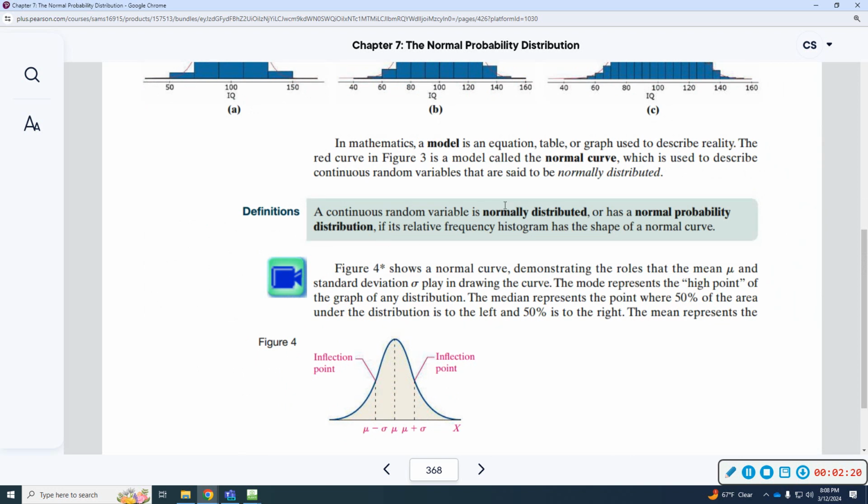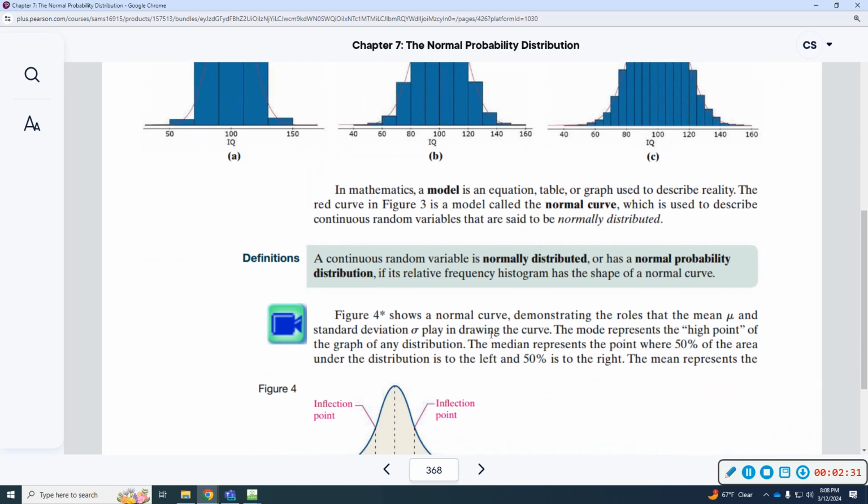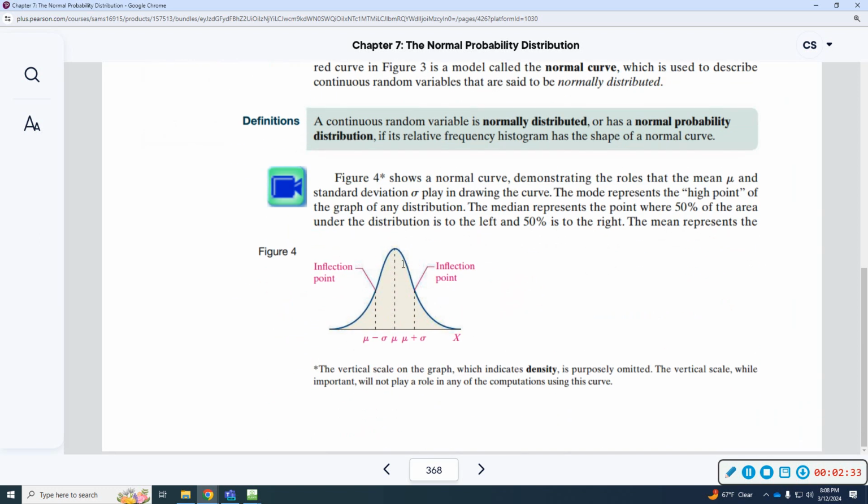So a continuous random variable is normally distributed or has a normal probability distribution if its relative frequency histogram has the shape of a normal curve. So this is kind of a general normal. What you should be familiar with is the mean is in the middle. Okay, the mean is the high point. And then you have inflection points, where the graph is concave up like a U shape, and then when it hits this point, it begins to turn and go concave down.